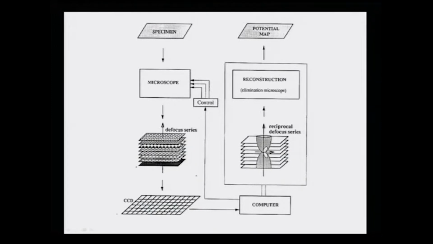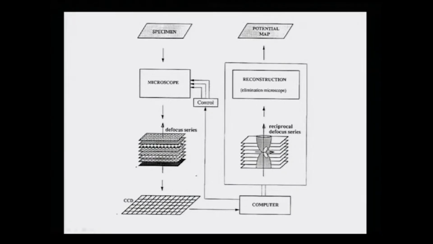After we obtain these slices, we can simulate the dynamical interaction of the electron with the material by using different methods. There are methods like the reciprocal space formalism, fast Fourier transformations, the real space approach, or the Bloch wave approach, depending on how precisely you want to determine the interactions.